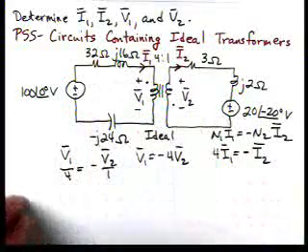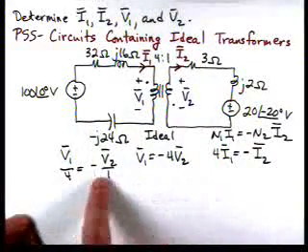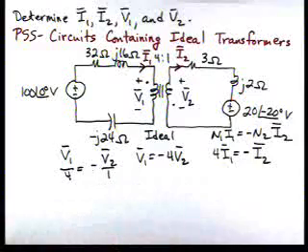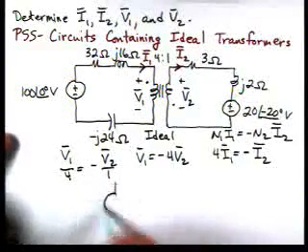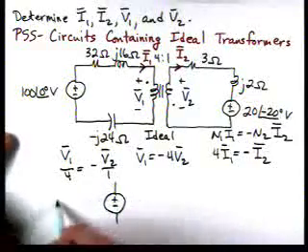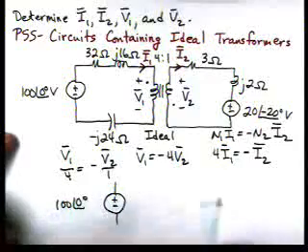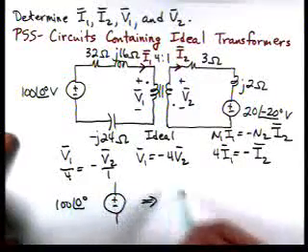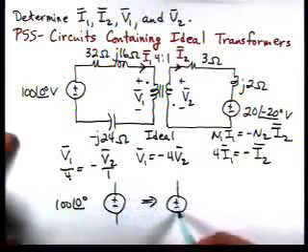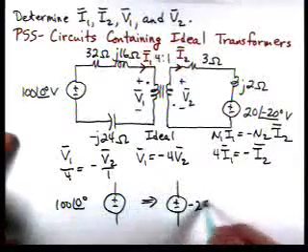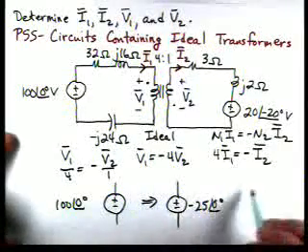Now when we go through the transformer, this minus sign, what's going to happen is we have a voltage source that's 100 at 0. When we go through that transformer, because of this minus sign, it's going to become minus 25 at an angle of 0.